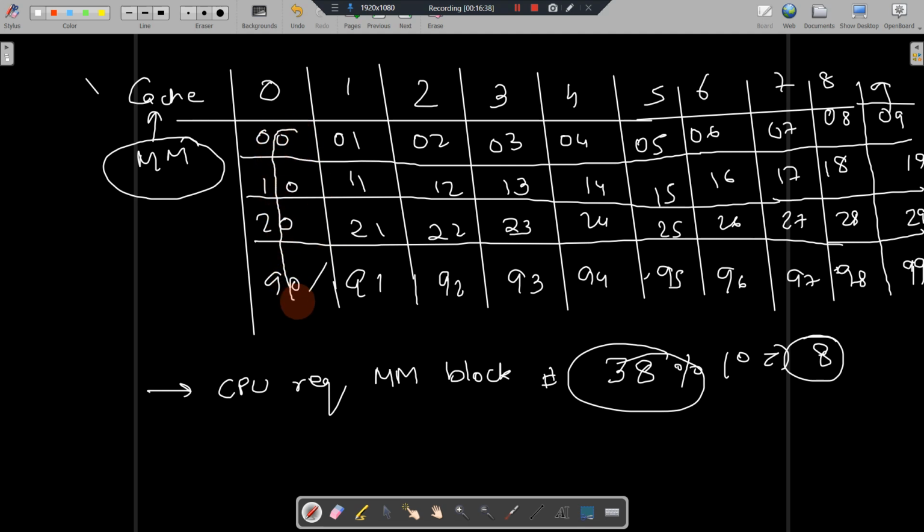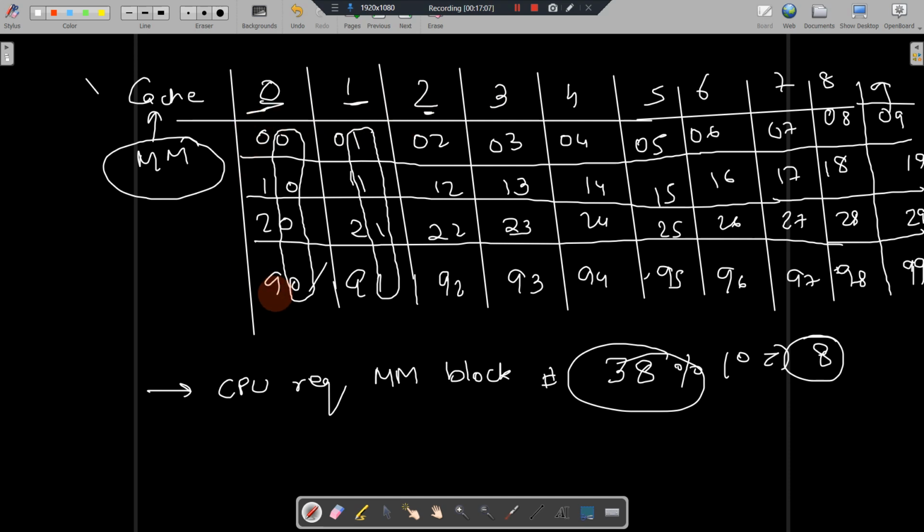The LSB bits for all these main memory blocks which have cache memory block number 0 are the same. Here also we can see the LSB bits are the same as 1. So we can use the LSB bits as the cache memory block number.